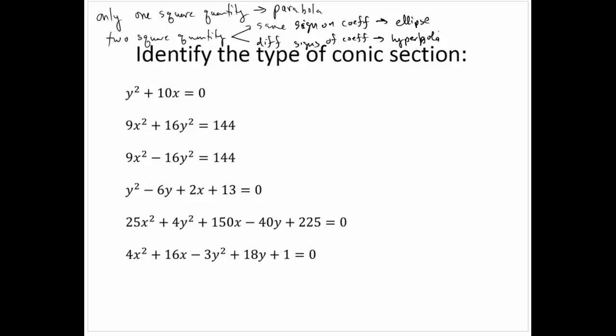Alright, so for example, we have y squared plus 10x equals 0. I only have one square quantity, so therefore this is a parabola. On the second example, I have a 9x squared and a 16y squared. Same signs, that's an ellipse. Whereas if I had 9x squared minus 16y squared, since they have different signs, that would be a hyperbola.